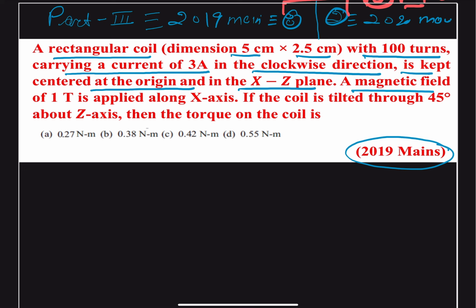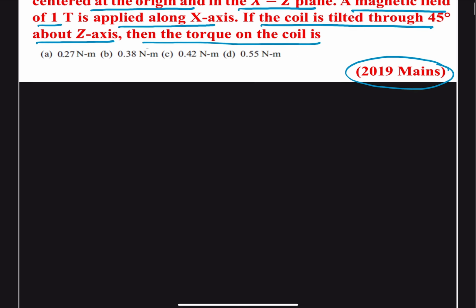A magnetic field of 1 Tesla is applied along the x-axis. If the coil is tilted through 45 degree about the z-axis, then the torque on the coil is. So in this case, we are given, you can say, the xz plane. So we can draw an approximate figure for that.